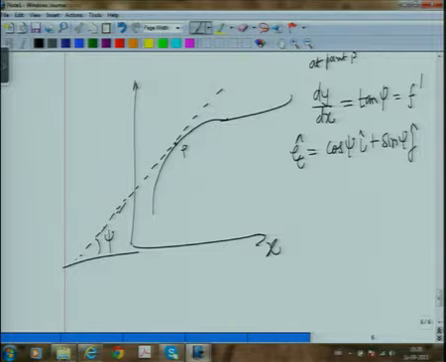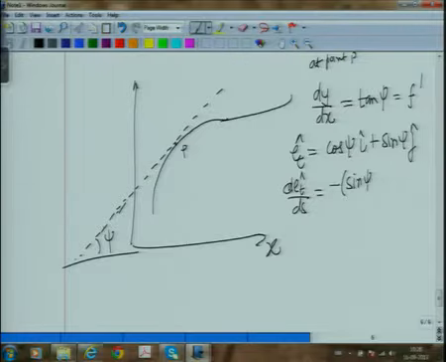Now det by ds will be equal to minus sin psi i plus cosine psi j times d psi by ds.